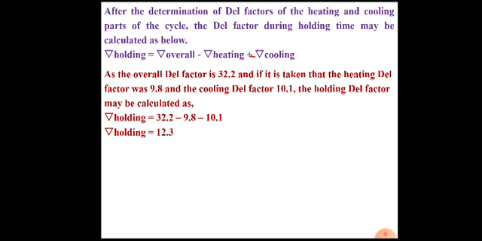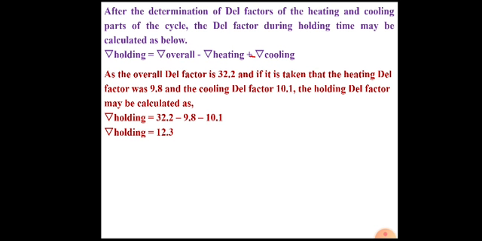So as the overall Del factor is 32.2, I hope you are writing on the paper also. And let us consider that Del heating is calculated as 9.8 and Del cooling is calculated as 10.1.